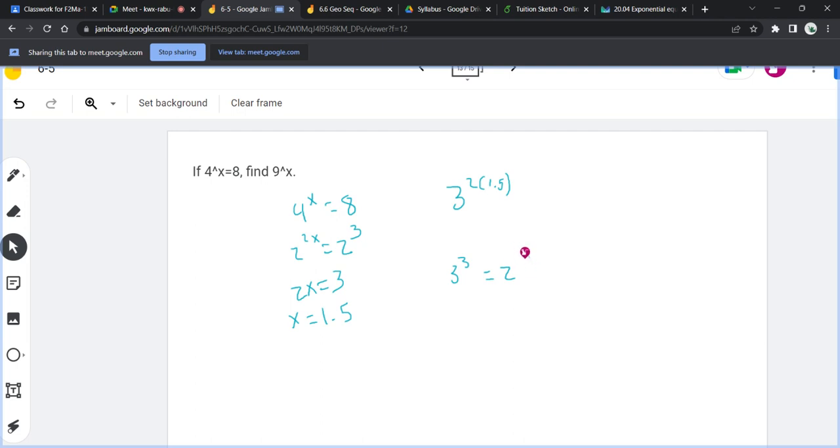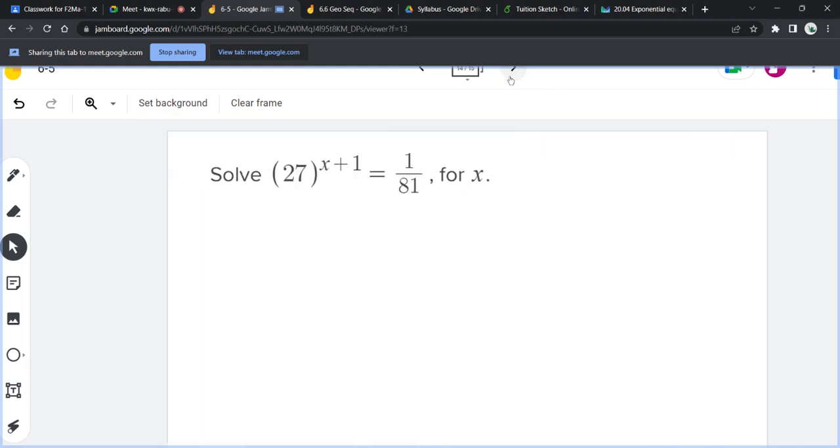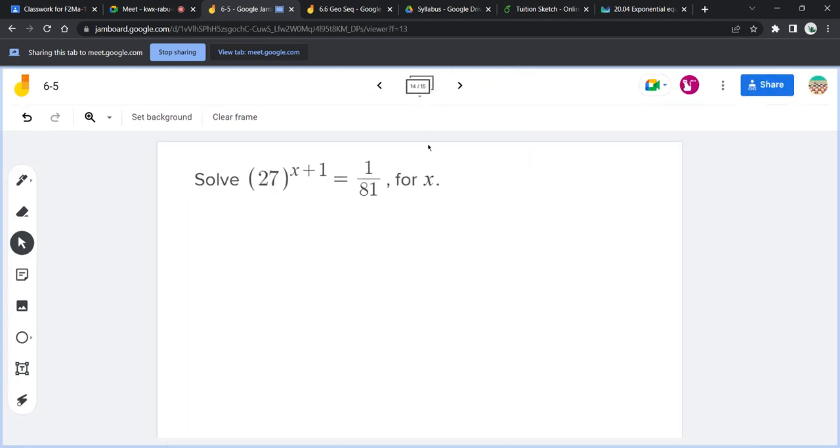Okay. So next page. So we need to solve this one.